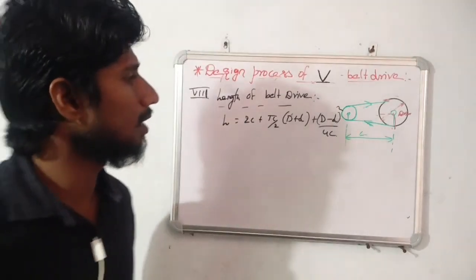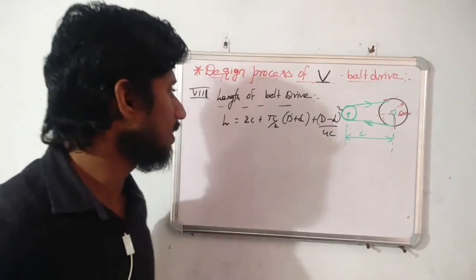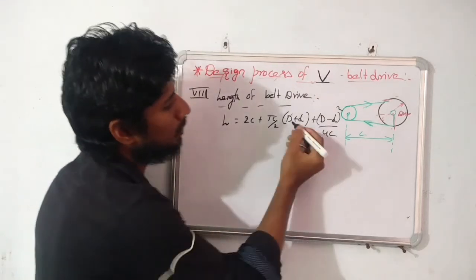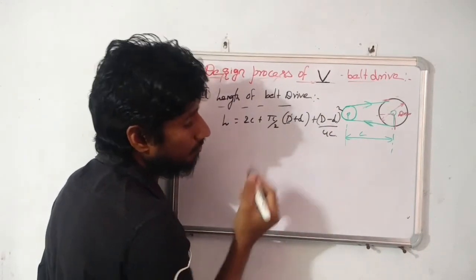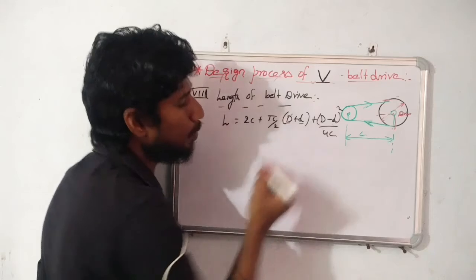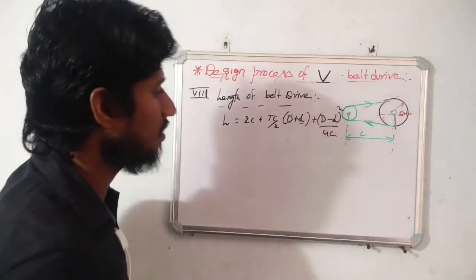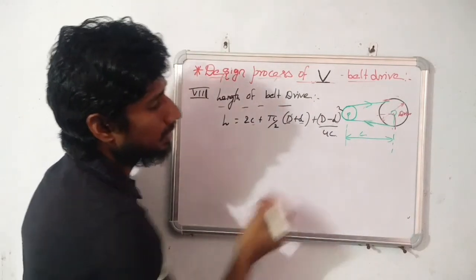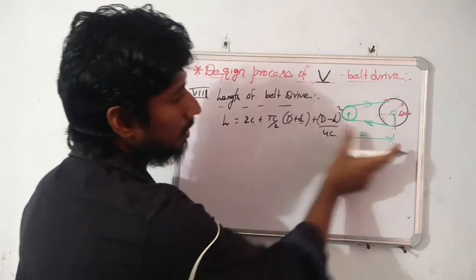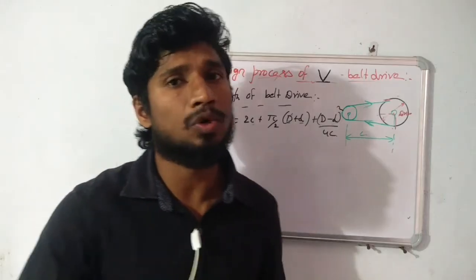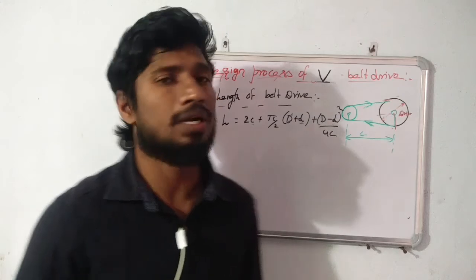So it is the formula to find out the length of the belt drive. Here capital D is the diameter of the driver pulley and small d is the diameter of the driven pulley. What about C? That C is the center distance between the two pulleys. This is about the design process of V-belt drive.